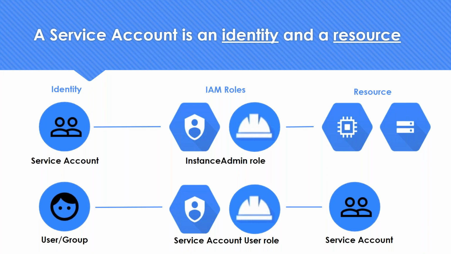If you give this role, then the specific service account can be acted as a resource. So if it's a resource, who is the identity? We are the identity. You use a person to impersonate as a service account. In that case, the service account is going to act as a resource. So these are two very unique features.